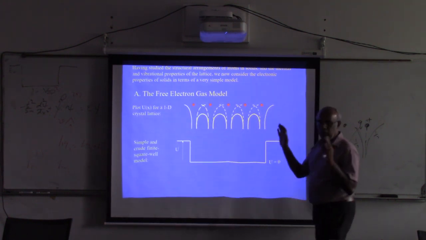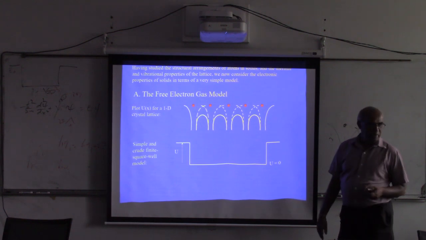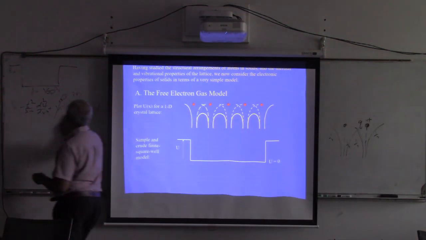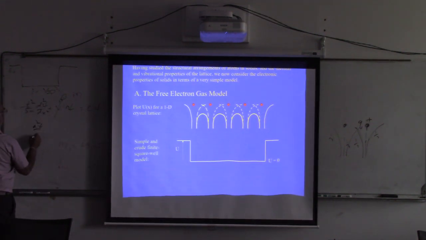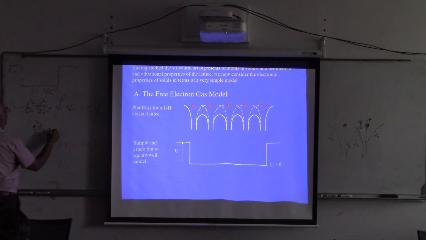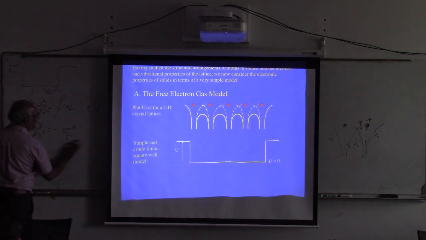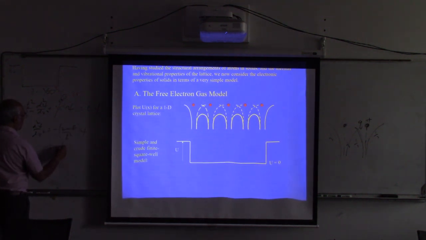This is the free electron gas model. Everybody knows how to solve this one, right? What we get here is d squared psi over dx squared equals negative 2mE over h bar squared times psi, and usually we write this as k squared.